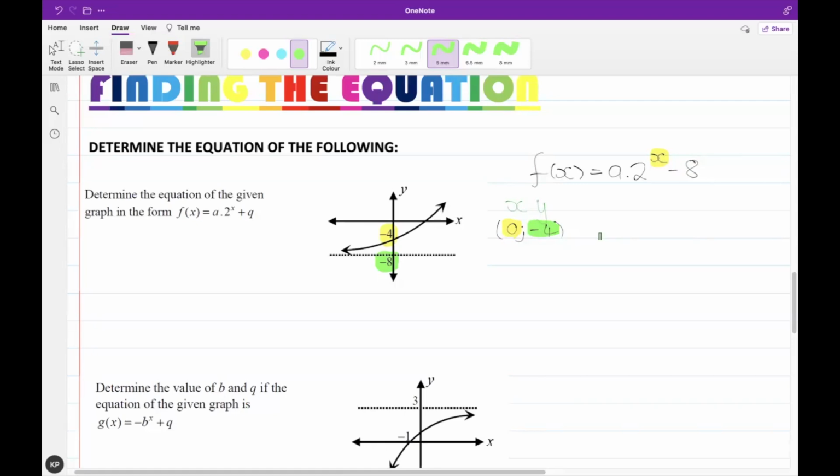It goes into my f of x. You guys know that f of x and y are the same thing, right? You need to know that.